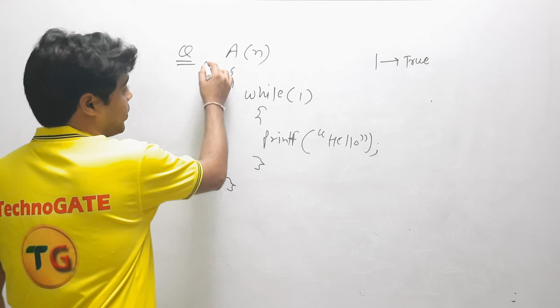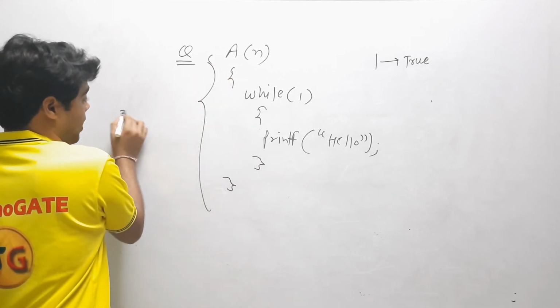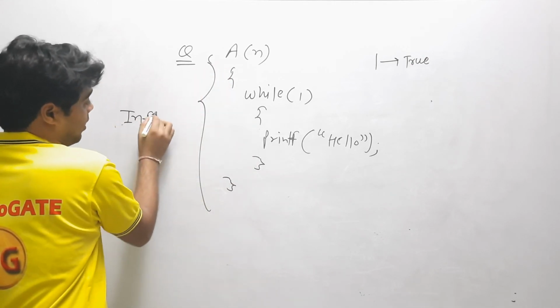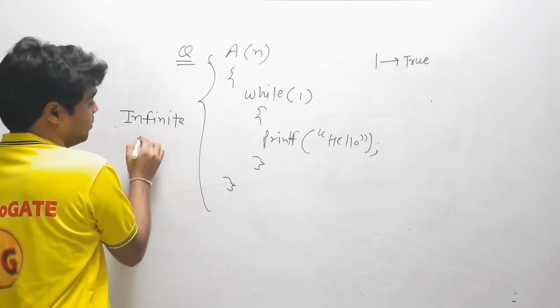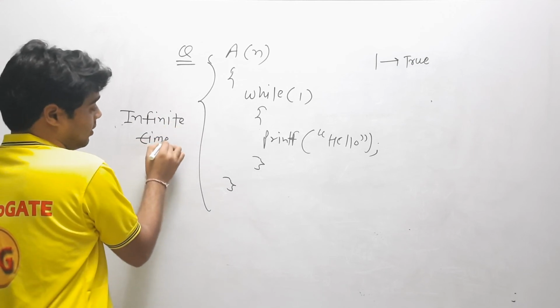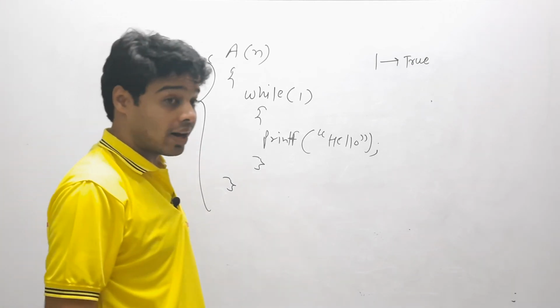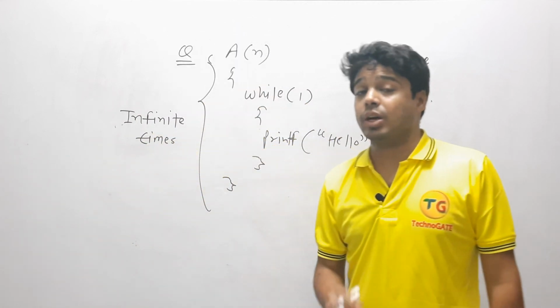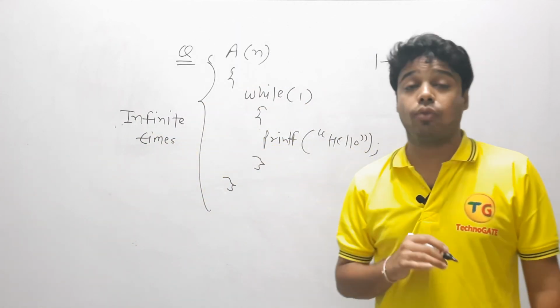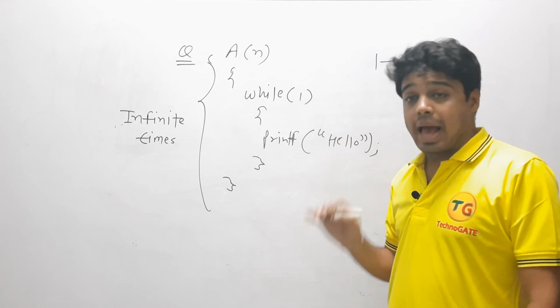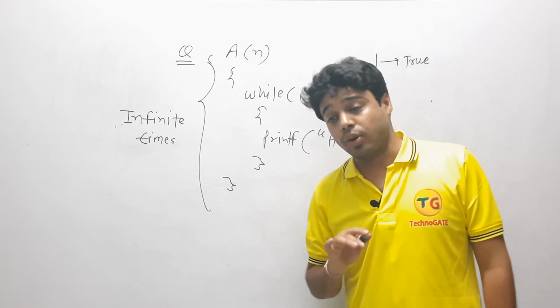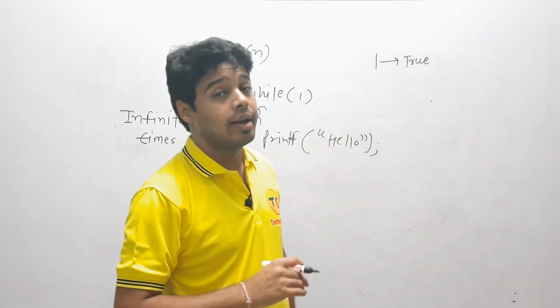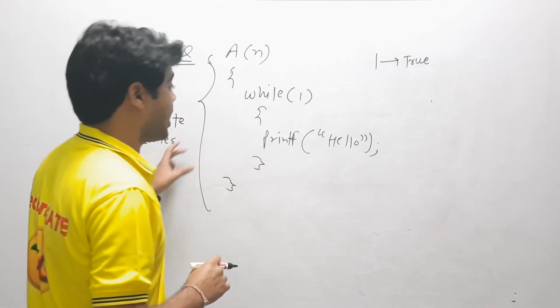So it will execute infinite times. But what is the property of an algorithm? The first property of an algorithm is that it should take finite time. So time complexity exists only for finite programs, not for infinite programs. So it is an infinite loop here.